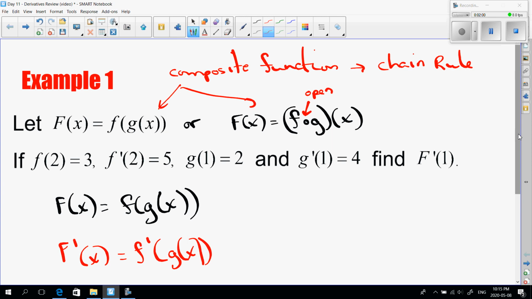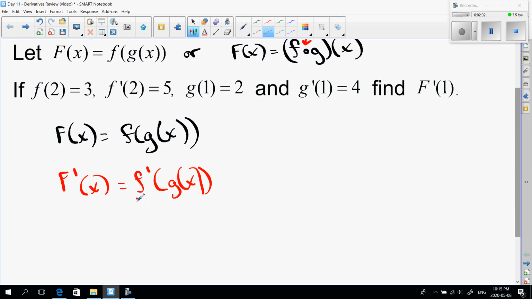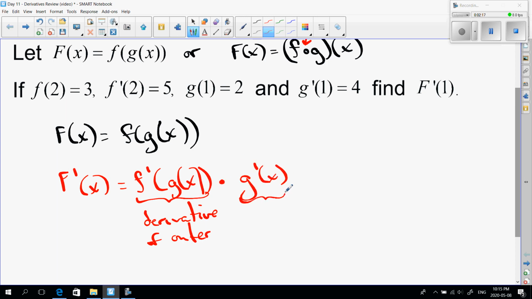So this is the derivative of the outer function, times g prime x, the derivative of the inner function. And that's how the chain rule is set up.